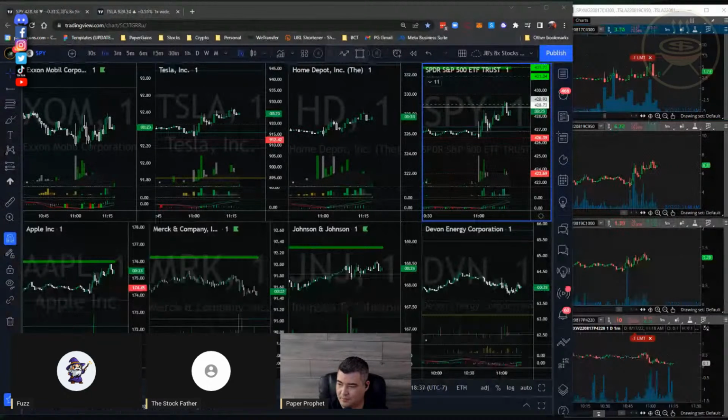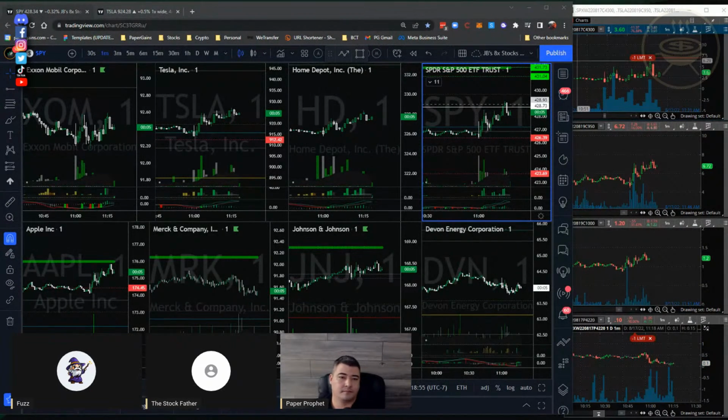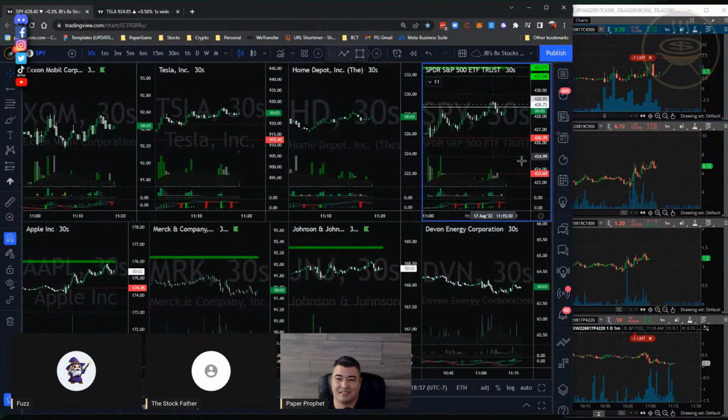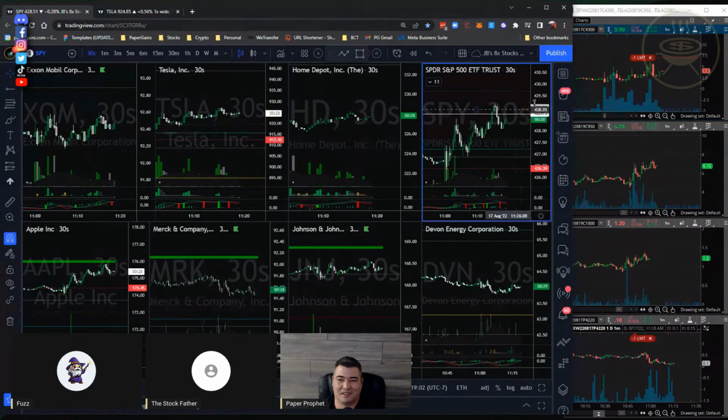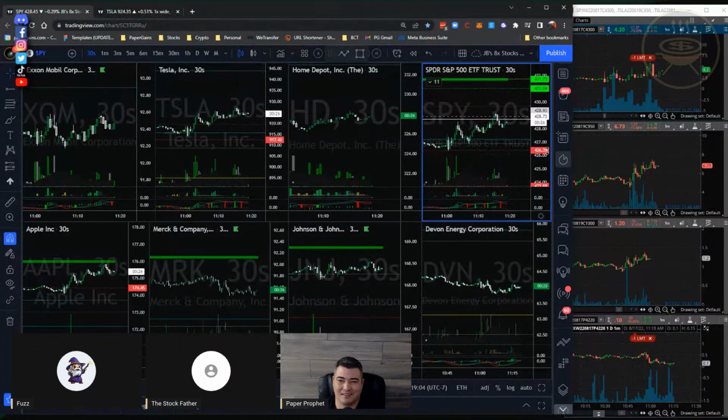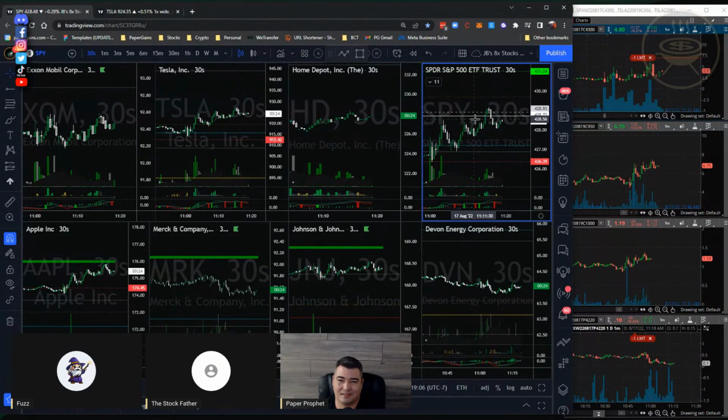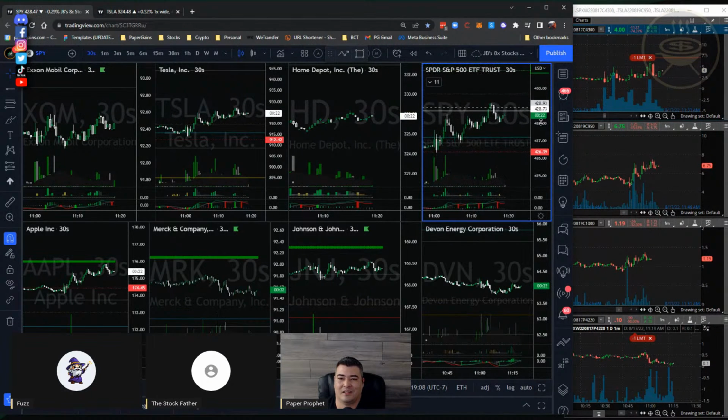Looks like it's coming back though. So in this instance, this is where I'll drop down into that much smaller time frame. What I don't want to see is a lower high.